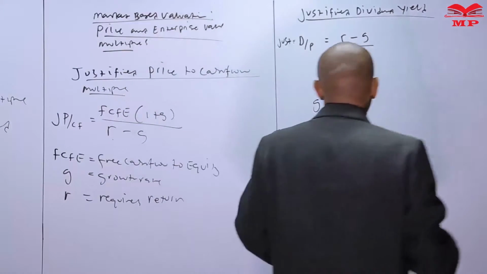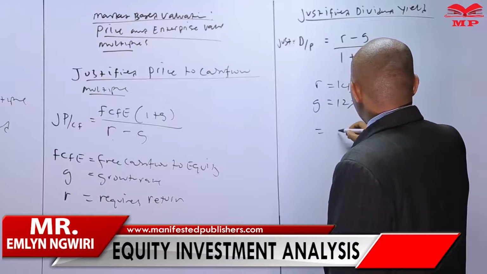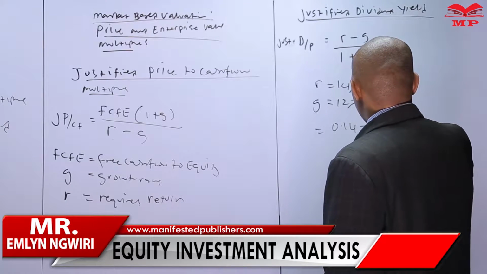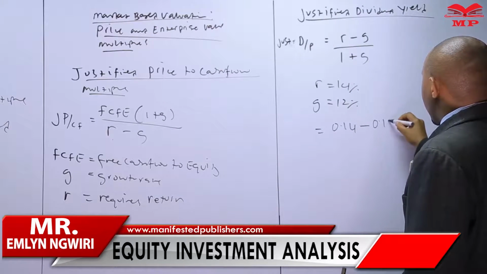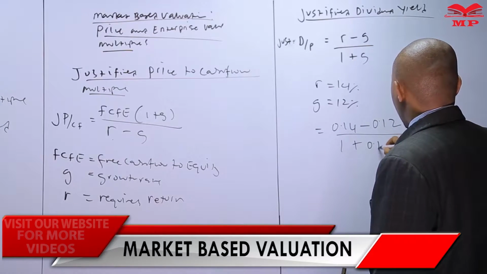For the justified dividend yield, we have been given R and G. We have 0.14 minus 0.12, over 1 plus 0.12.